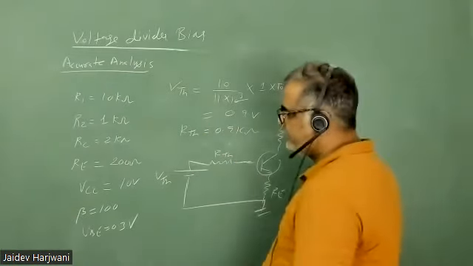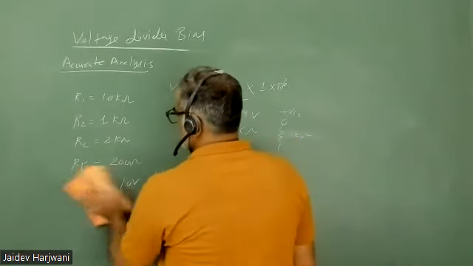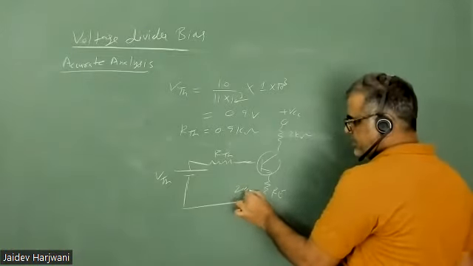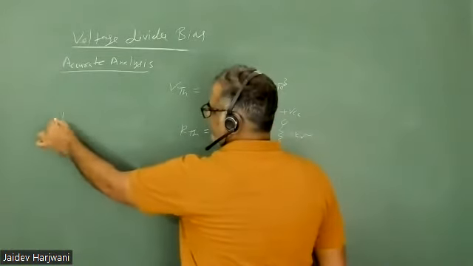So beta is given as 100, so you can solve now. RE is 200 ohm.